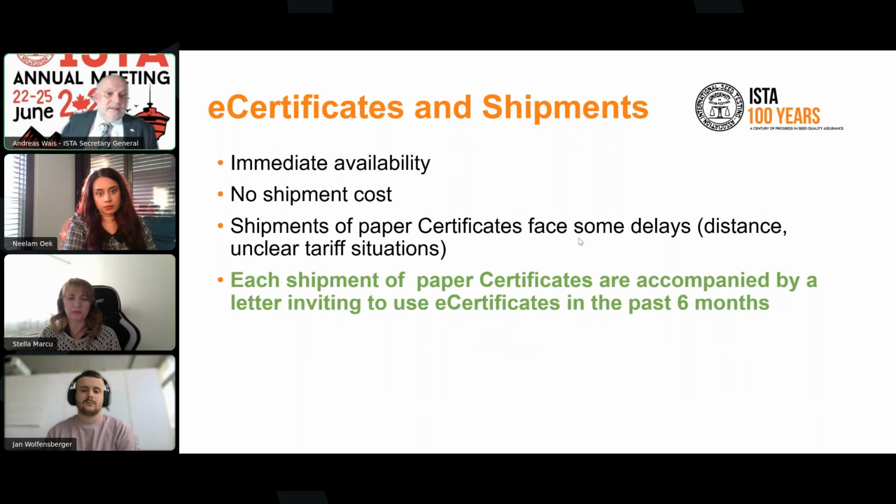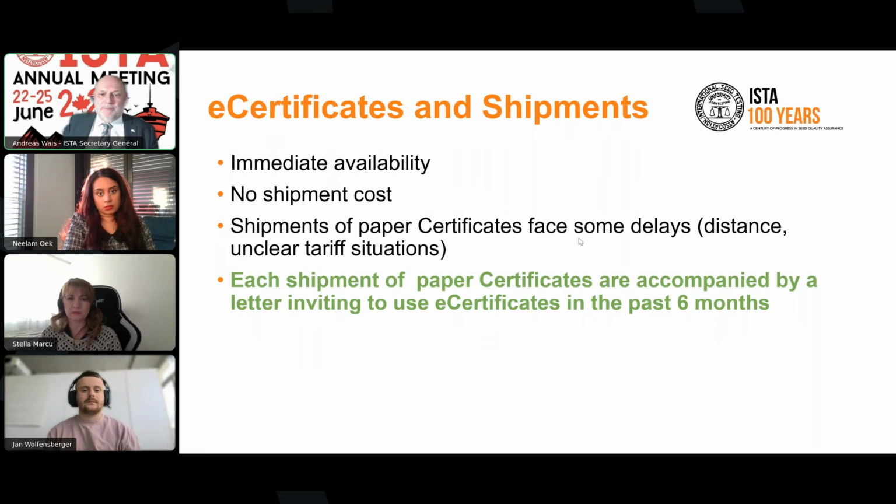Other things which we just recently faced with the United States of America, when no shipments were going from Europe with no courier and no postal system because it was unclear how the tariff situation was to be handled by the couriers. And I think we had 2 weeks in that case where no shipments were going, and that means also certificates were not shipped at that time.